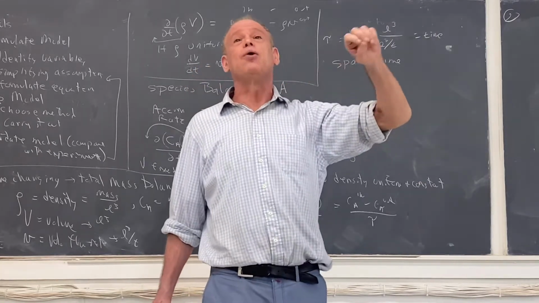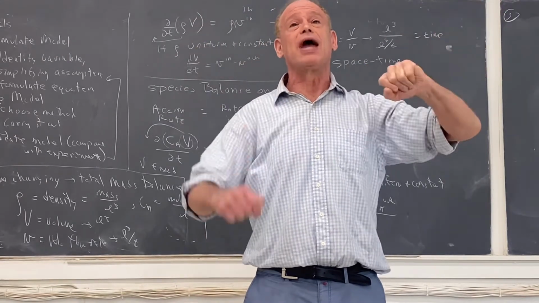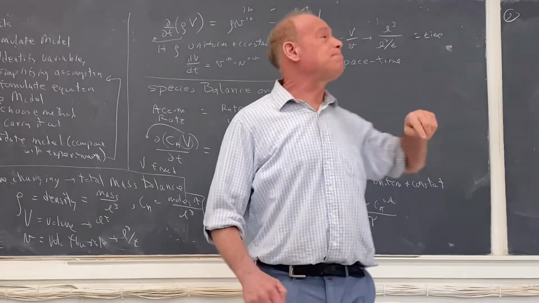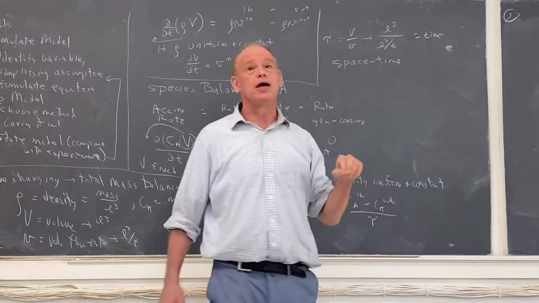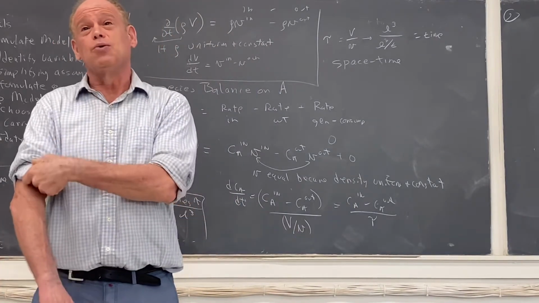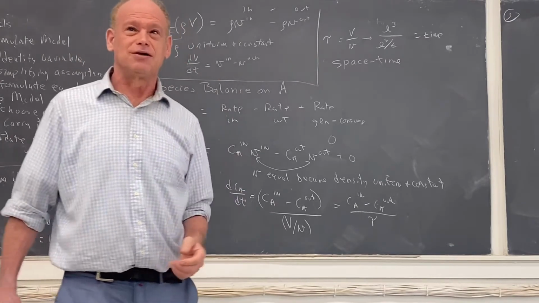But the volumetric flow rate going out, if the system expands upon reaction, is a lot faster. So then the space-time based on the inlet volumetric flow rate is not the same as the average residence time. That may be more than you wanted to know, but you asked the question, I want to give you a good answer.